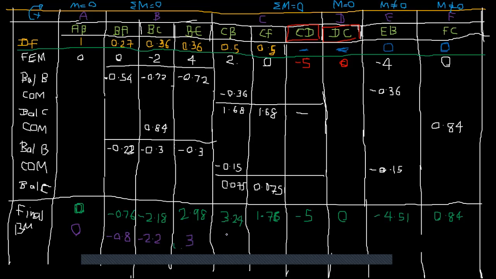No need to worry. This is 3.2. This is 1.8. This is 5. This is 0. This is minus 4.5. This is 0.8. Right? So I can go ahead and draw this.